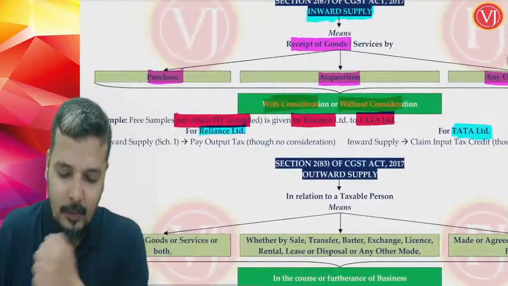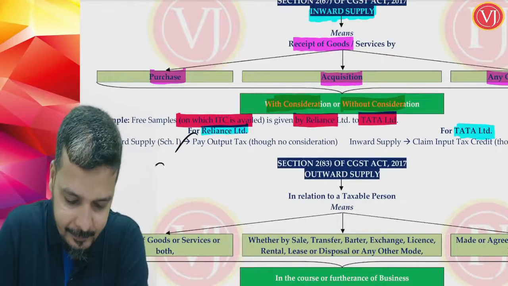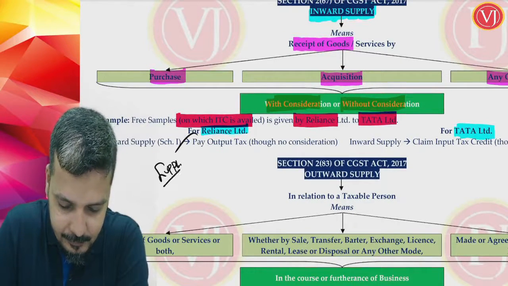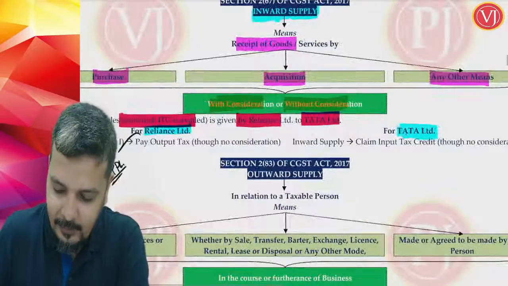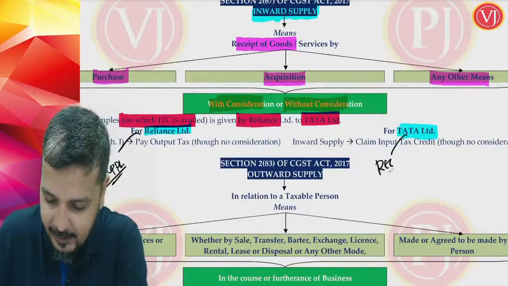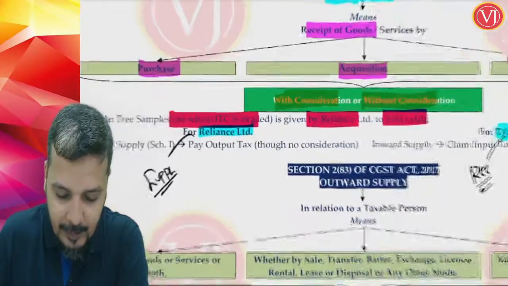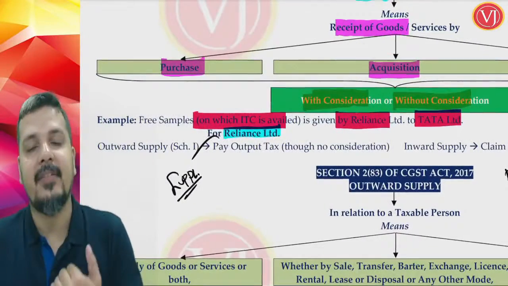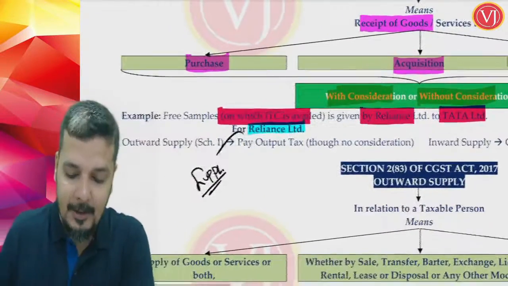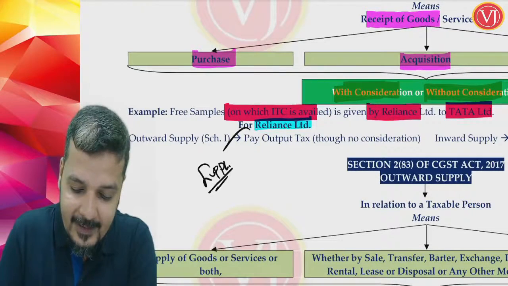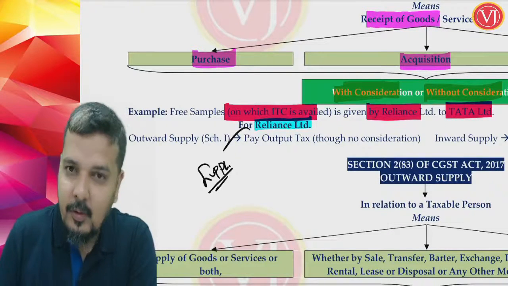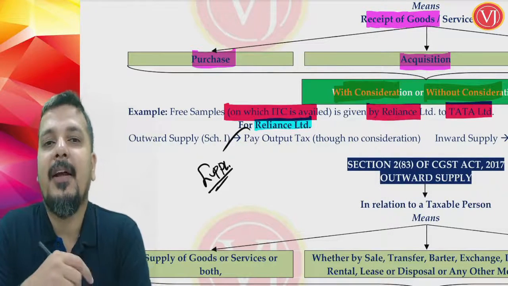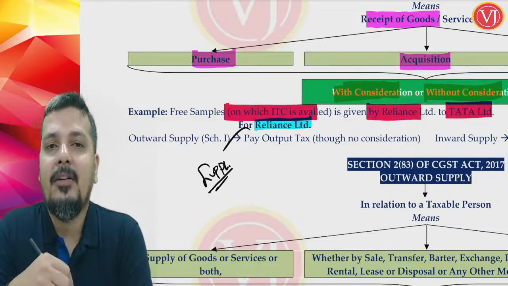Now, if you look from the angle of the supplier, you'll find that Reliance Limited has to pay output tax. Why? Because Reliance Limited is giving something free of cost to Tata Limited, on which Reliance Limited has taken input tax credit. So it is a deemed supply in terms of para 1 of Schedule 1.